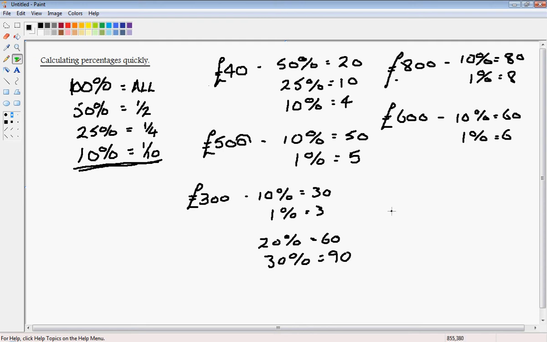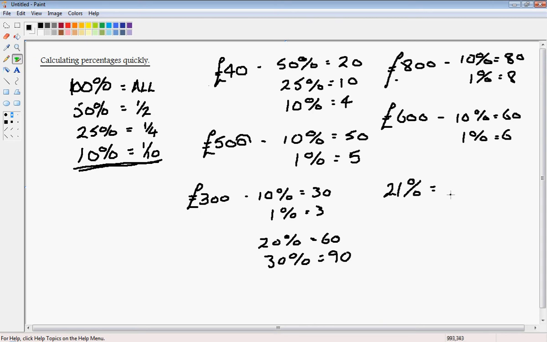So it can't be that easy. Let's see if we can prove you right and make sure that you're right, and this is really, really hard. Let's say they say, what's 21% of 300? Well, I know that 10% is 30.